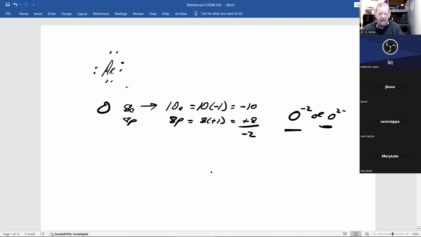That's the number of electrons it wants to have, in this case 10. It still has the same number of protons. Each electron is a -1. Each proton is a +1. Do the math, add it up, and then show it with the chemical symbol. And that's how you do it.